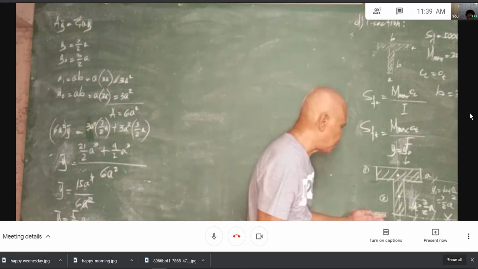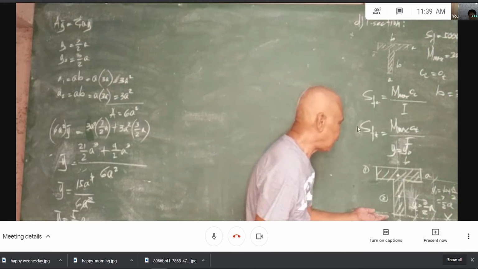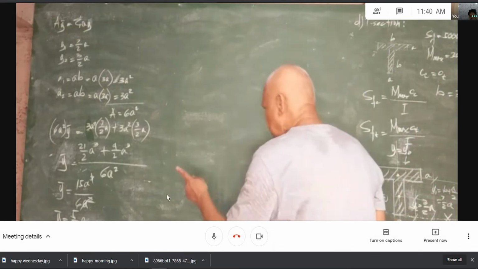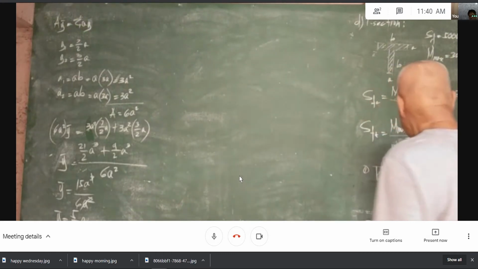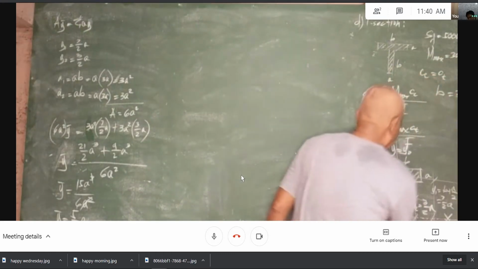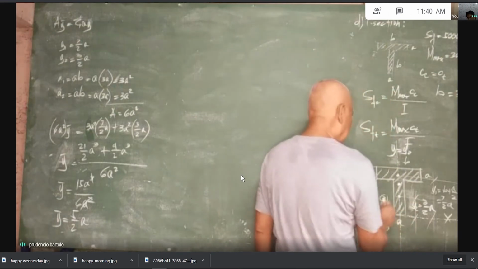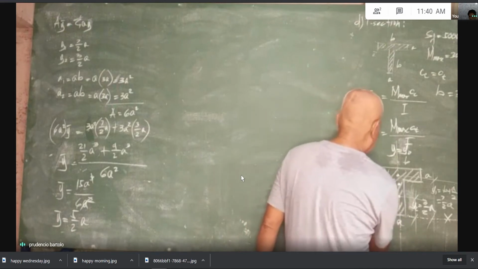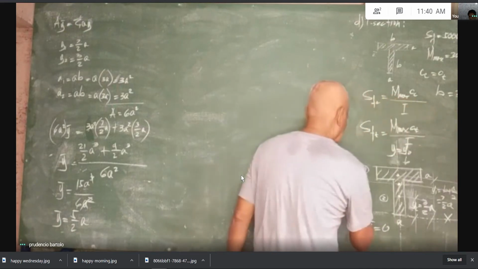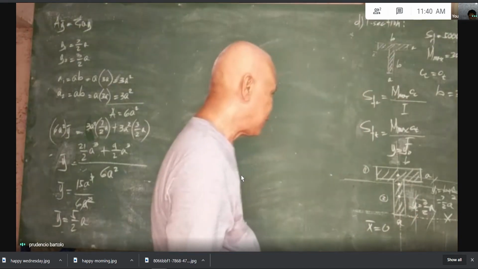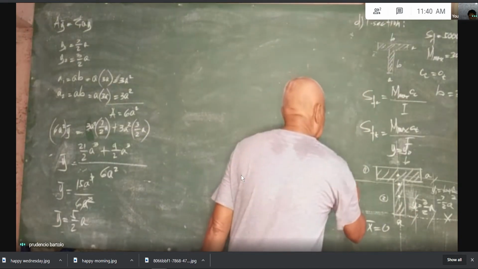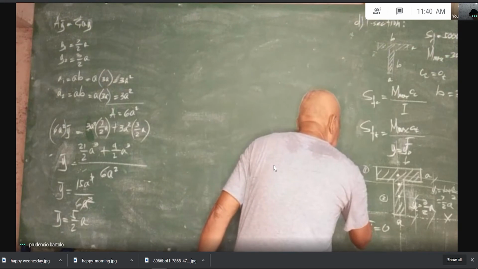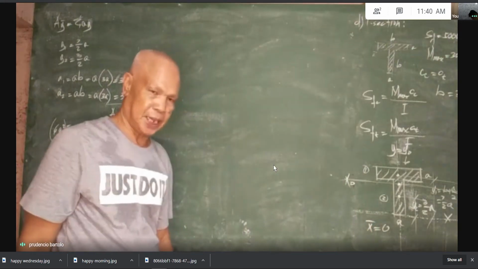So we measure from the reference x-axis along the y of 5 over 2A. So that is this y bar. This being the y bar, we can now project this line, which we consider as our centroidal x.